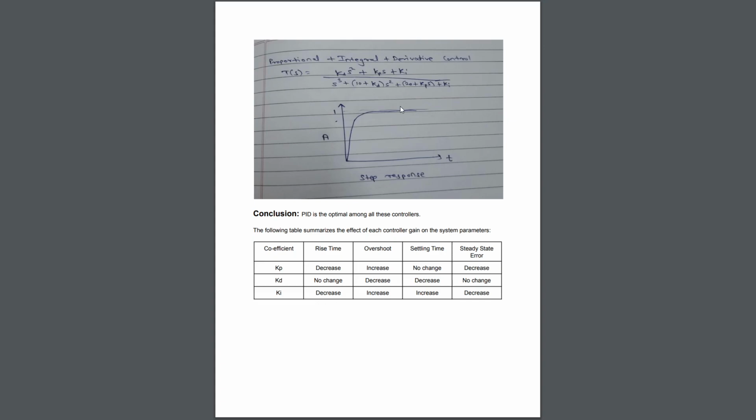So there might be systems which could have PI, basically proportional and integral, as the most optimized controller, or even some systems might use only the proportional controller, again depending upon the state variables and the external factors. The following table summarizes the effect of each controller gain on the system parameters. This is something which we can generalize and which has already been generalized by the researchers.